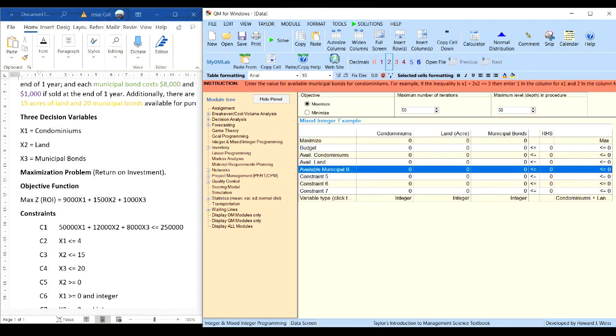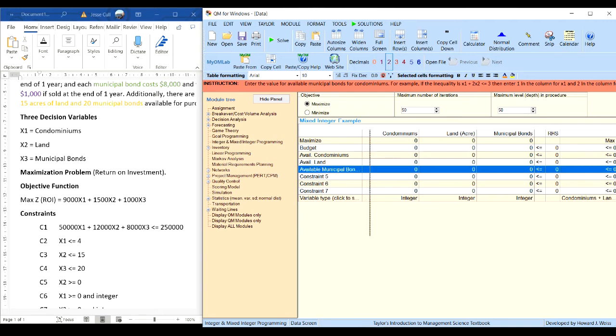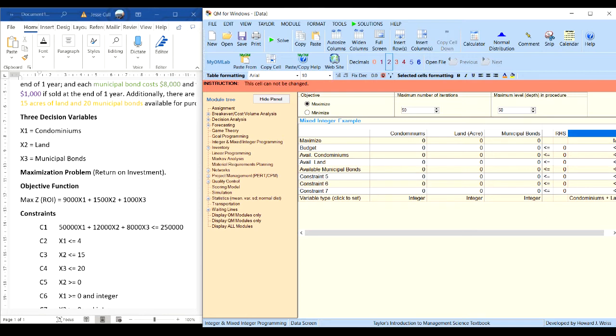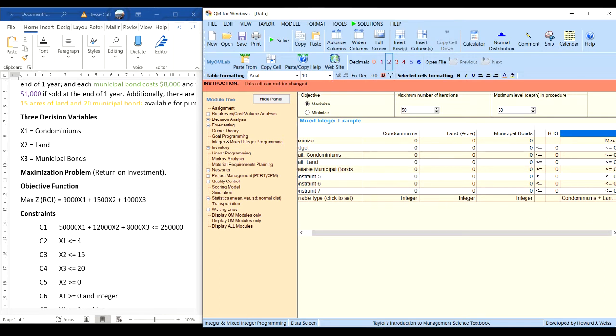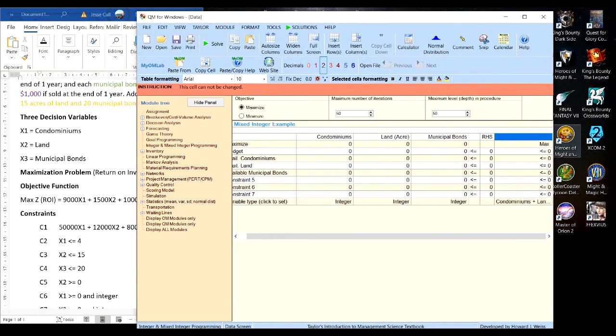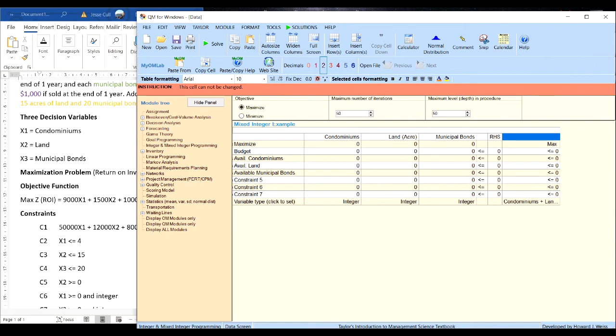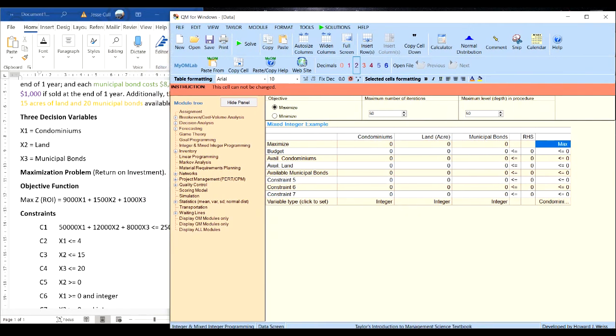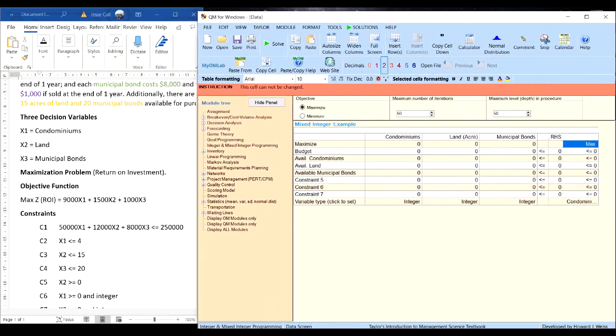We'll make that a little bit bigger. We'll make this over here a little bit smaller. Okay. Minimize this again. And this isn't overly important.